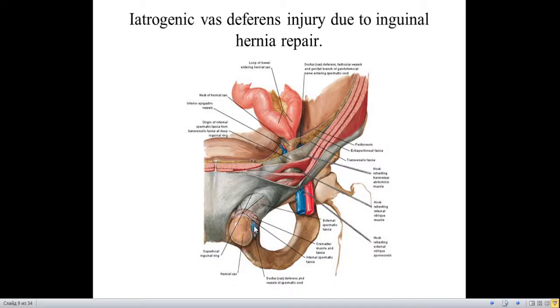You see that one of the structures passing through the inguinal canal is ductus deferens. So during herniotomy, the surgeon must keep in mind the presence of ductus deferens and be very careful here to avoid damage of vas deferens suddenly, because it might cause sterilization.